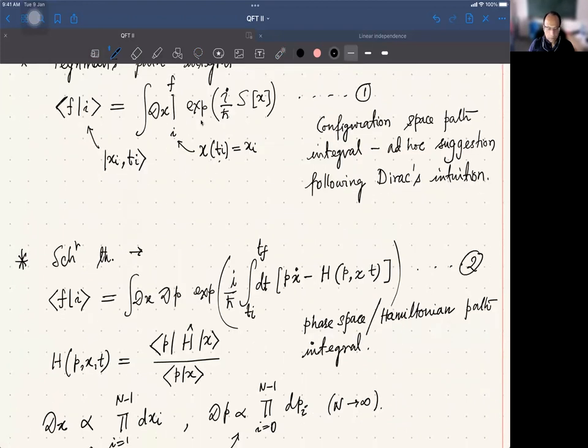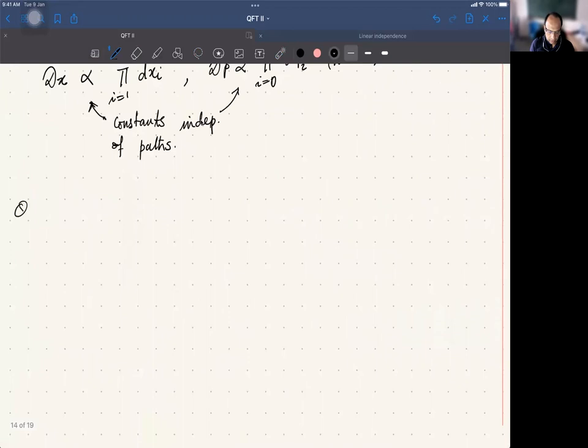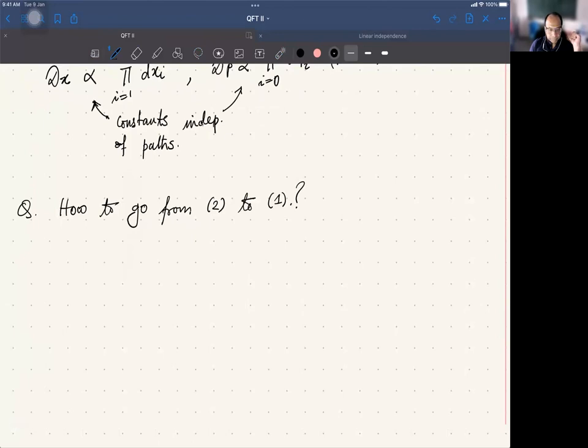So the question is, what is the relation between these two? So the question is how to go from 2 to 1. We will be answering these questions in 2 steps. I will describe 2 cases.